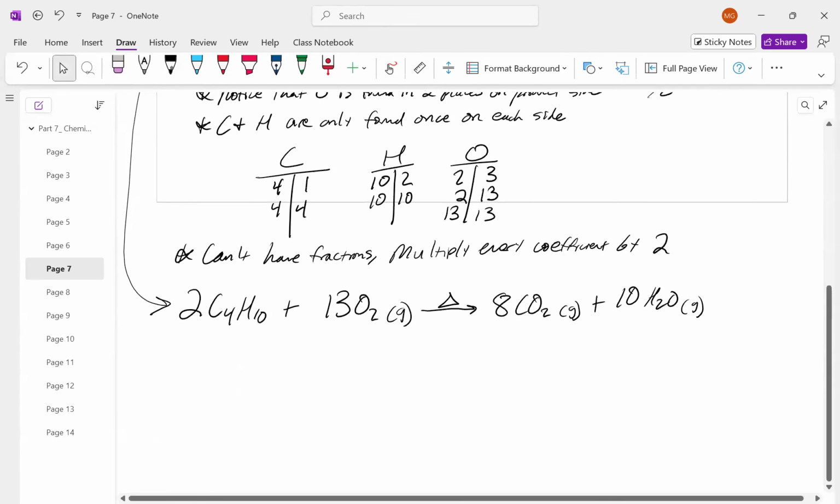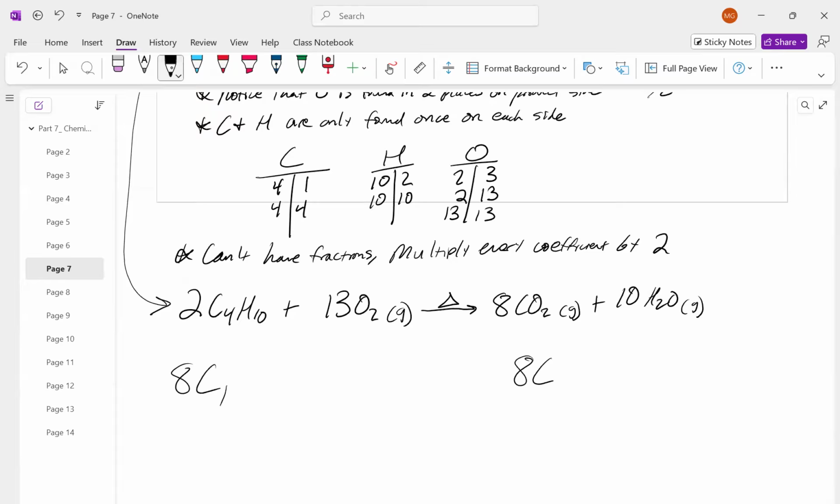And now let's double check our answer. I got 8 carbons on the left, 8 carbons on the right. I have 20 hydrogens on the left and 20 hydrogens on the right. And then I have 26 oxygens on the left, and then let's see, 16 from carbon dioxide, 10 from water.